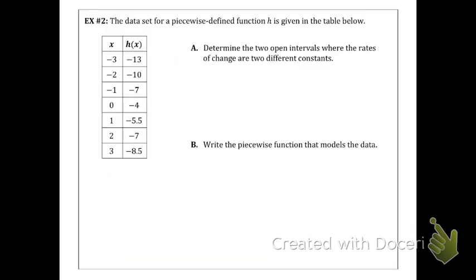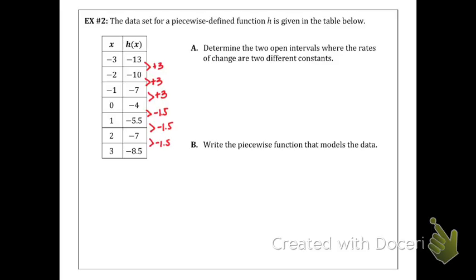All right, example 2. The data set for our piecewise defined function h is given in the table below. Determine the 2 open intervals where the rates of change are 2 different constants. So it's telling us to look at those rates of change. Our x's are all increasing by 1, so we only have to look at our y's. Here we're increasing by 3, by 3, by 3. Then we're decreasing by 1.5, by 1.5, and again decreasing by 1.5.